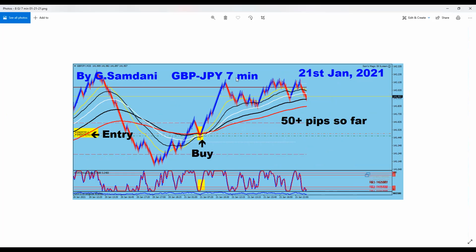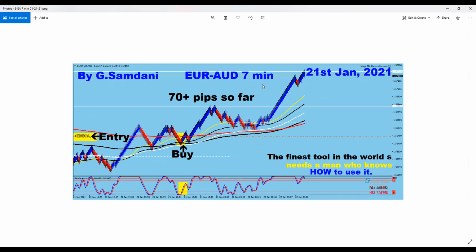So Pound Yen from 7 minute on the 21st, and 50 pip here. I was up more, but it came down on me. So now Euro Aussie, after dropping to the downside, then started to go up for wave C of wave four. Right? Wave four is like an ABC correction. If it's flat, if it's going to make a triangle, then you have extra two legs.